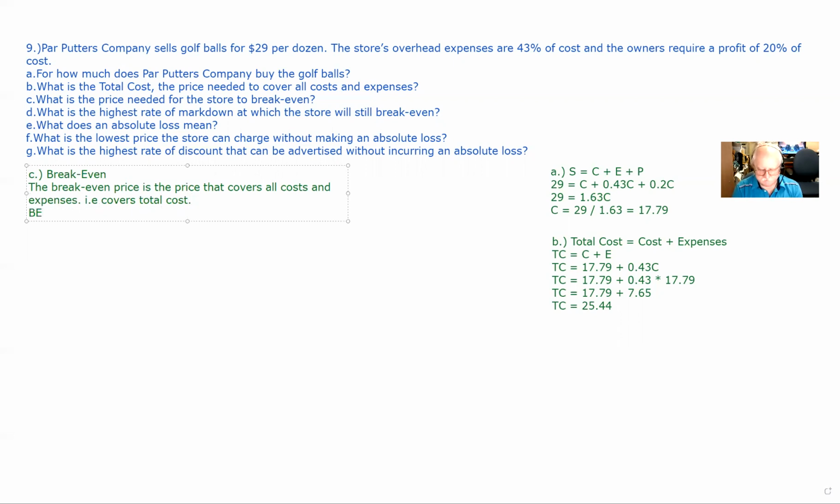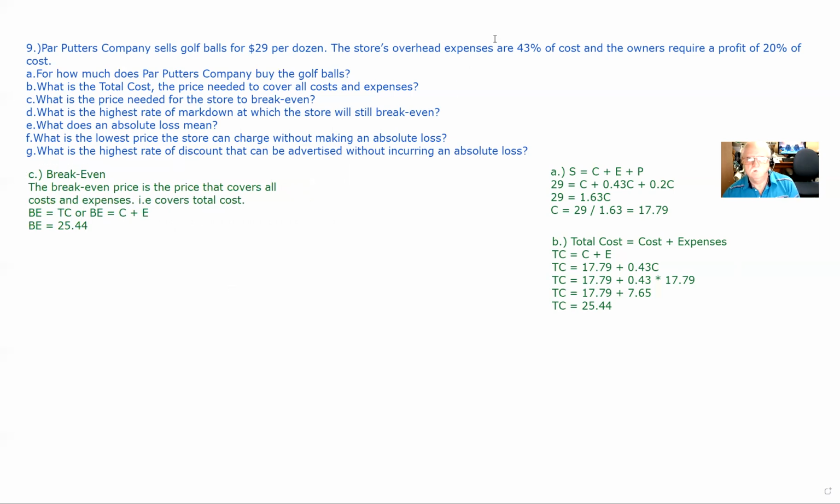So break-even equals total cost. Or break-even equals cost plus expenses. So the price we need here, we've just calculated. The break-even price equals $25.44. That's what we know.